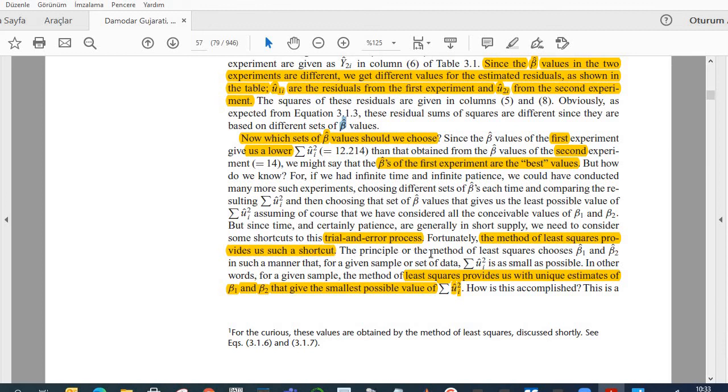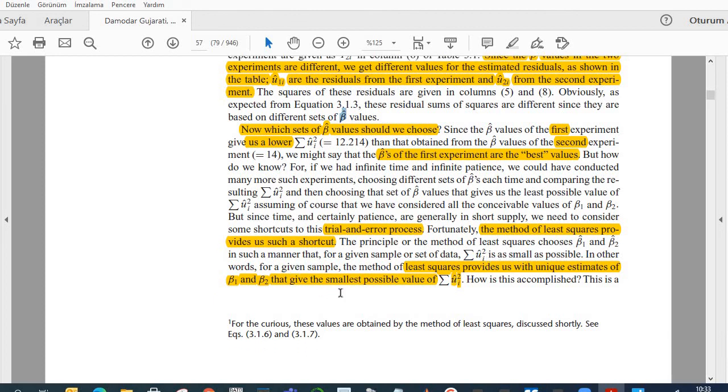The principle of least squares chooses beta 1 hat and beta 2 hat in such a manner that, for a given sample or set of data, the sum of squared residuals is as small as possible. In other words, for a given sample, the method of least squares provides us with unique estimates of beta 1 and beta 2.